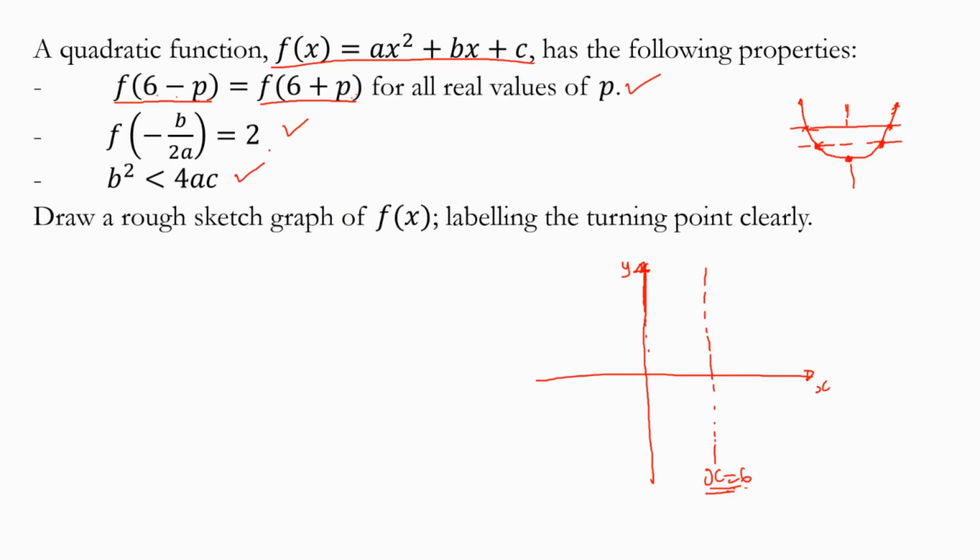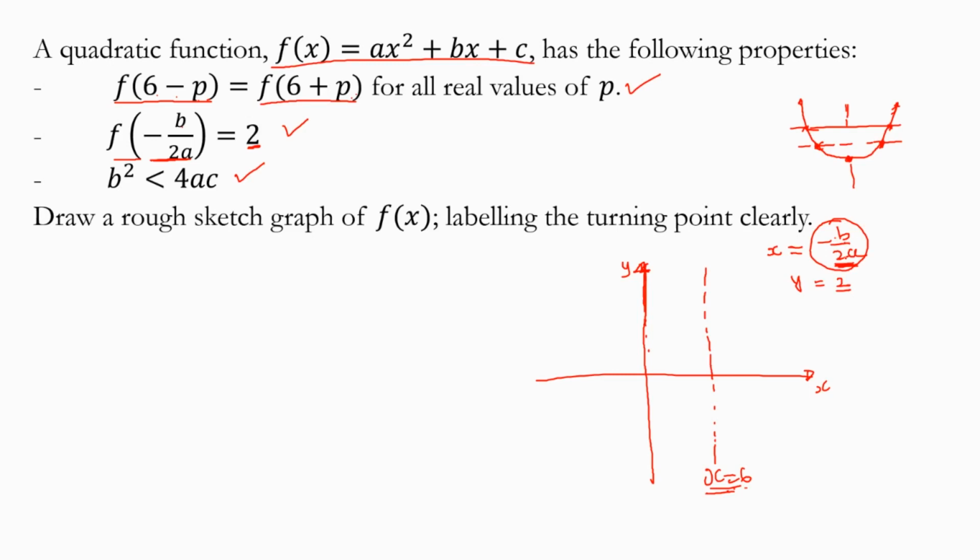Right, let's go to point number 2. −b/2a is the axis of symmetry. For the axis of symmetry, x = −b/2a. This gives us the x value of the turning point. This x value gives us the y value of 2. So we have this as the x value, and the y coordinate is equal to 2.